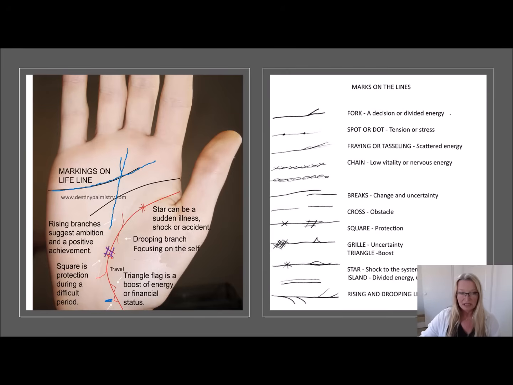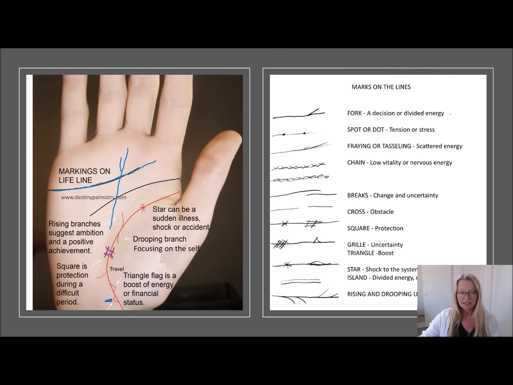Now, the star is similar to a cross, but a little bit more sudden, a little bit more shocking. It also has to be on its own. It's not to be made up by other lines like the stress line or another ambition line and other potential lines that might cross its path.